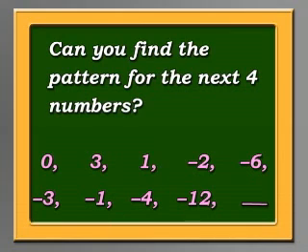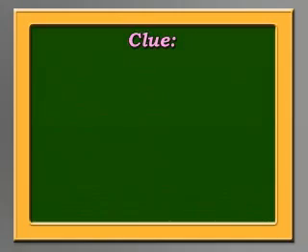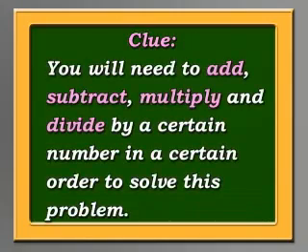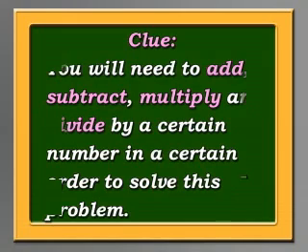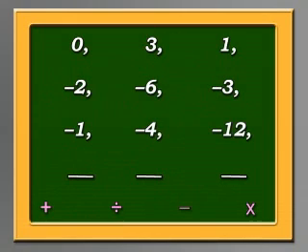Whew, that doesn't seem to be very easy. But here's a clue. You will need to add, subtract, multiply and divide by a certain number in a certain order to solve this problem. Aha! Now it's not so difficult.